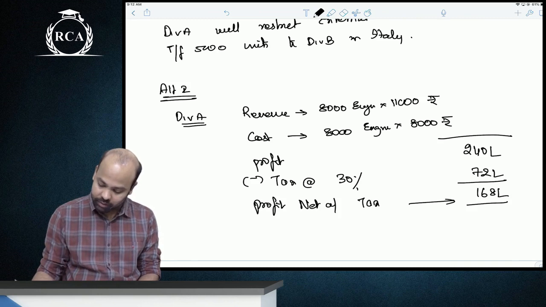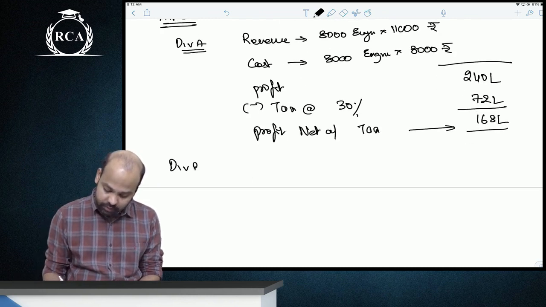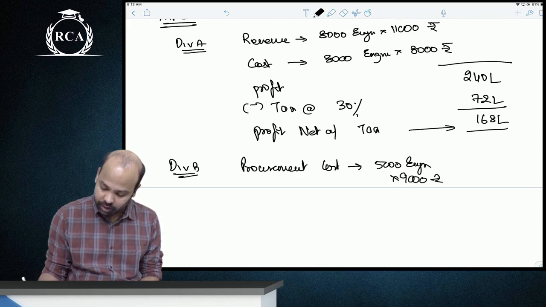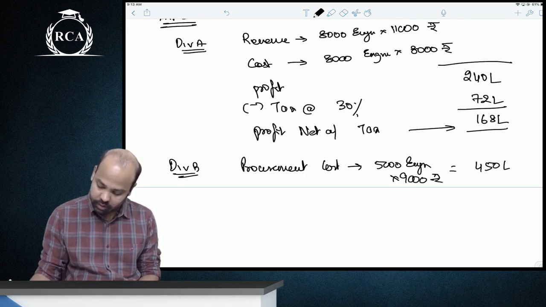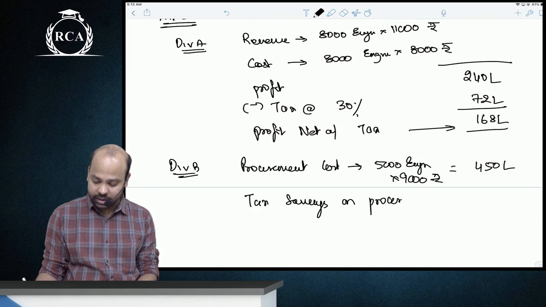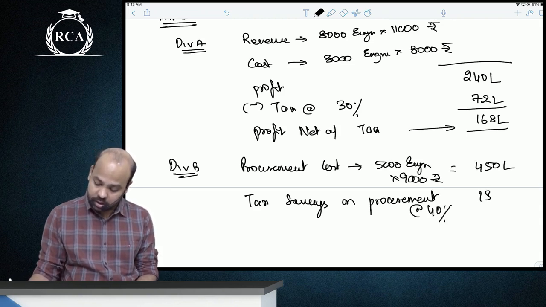Division B, their procurement cost would be 5,000 engines into 9,000 rupees, and that is 450 lakhs. Any procurement cost is an expenditure, so they would save taxes, at the rate of 40%, 180 lakhs.